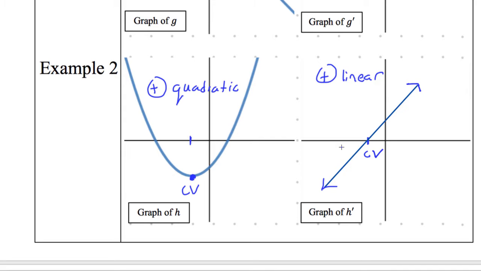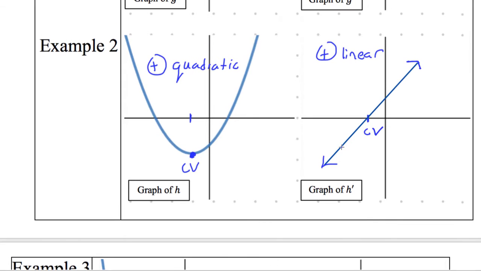Yeah, close. Slight error. Only F prime. F prime sign change. What about F max? When F prime is going from positive to negative. Positive to negative. Perfect. Okay. Just make sure we have those on the tips of our tongues because we always need to have those in the backs of our minds. Perfect. So that's example 2. The CVs, the relative extremas, all of them have to match up from graph to graph.